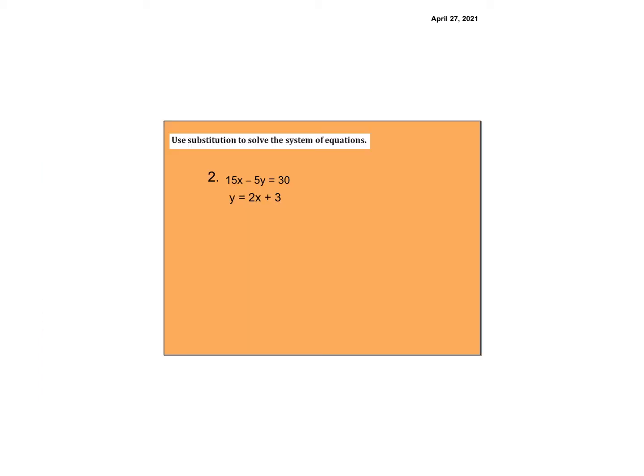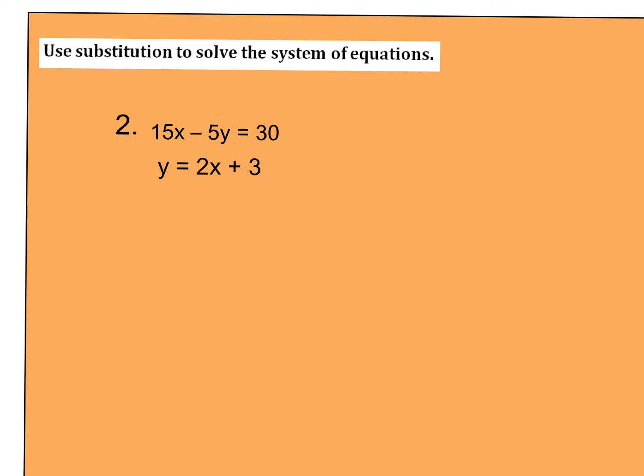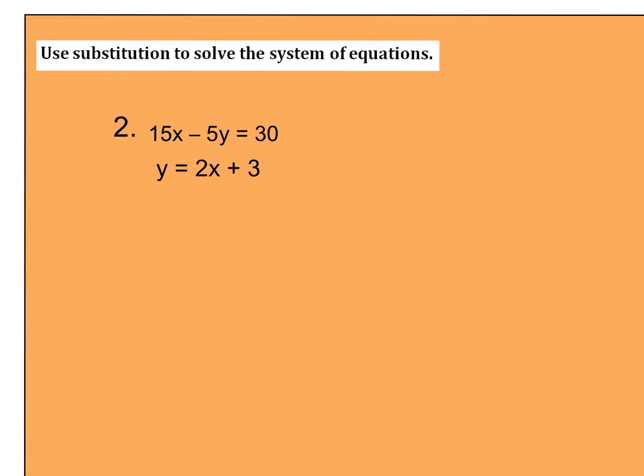Okay, now a little more complicated. I want to go for substitution once again, because I have y equal to something. So I will keep the 15x minus 5y equals 30, except now I'm going to swap in 2x plus 3 for y.